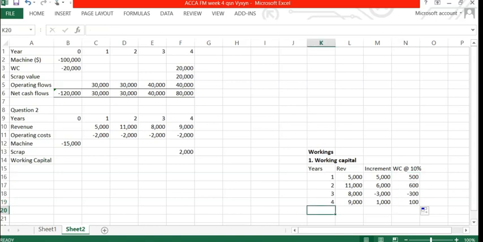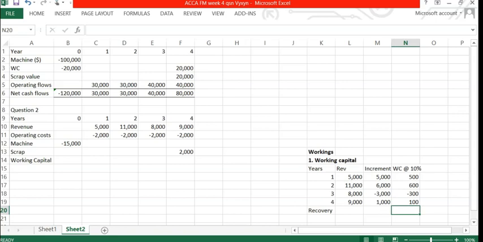So by the end of the year, the recovery is going to be done. The recovery is going to be all the working capital which we have used is going to come back to the business.